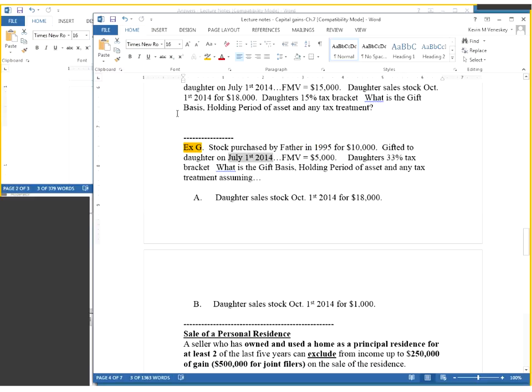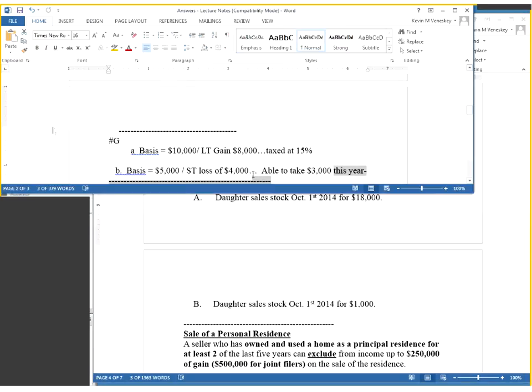They're treated the same. Technically it is short. She has a $4,000 realized loss, but recognized is only $3,000. So realized short-term loss of $4,000, recognized meaning you're able to actually take $3,000 of it this year.